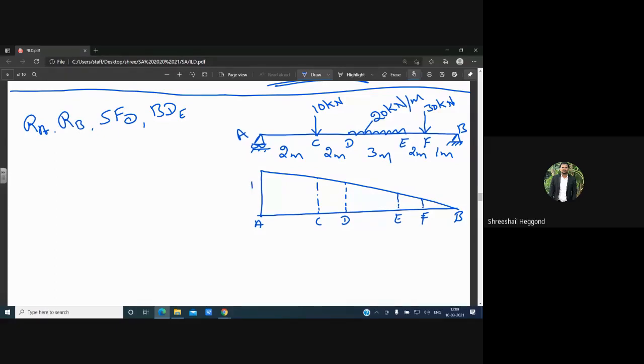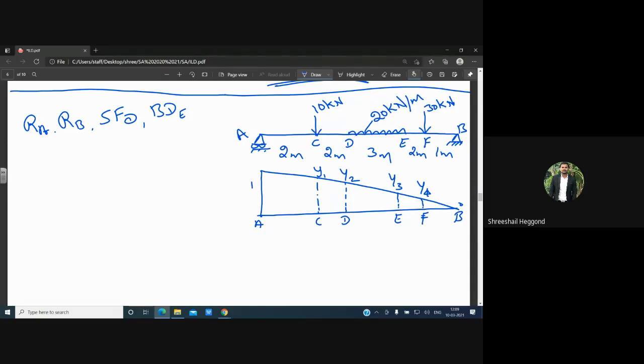By considering the unit quantities, the maximum reaction will be unity at A point, that is considered for calculation. The remaining heights we don't know. You need to calculate the coordinates. Therefore, I can write them as y1, y2, y3, and y4, and the value at B point will be 0 for reaction at A point.